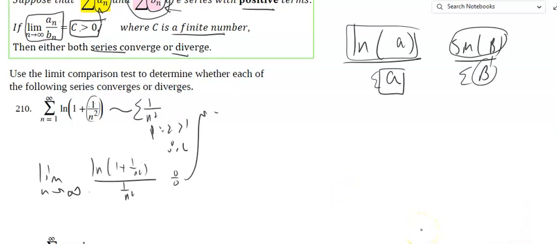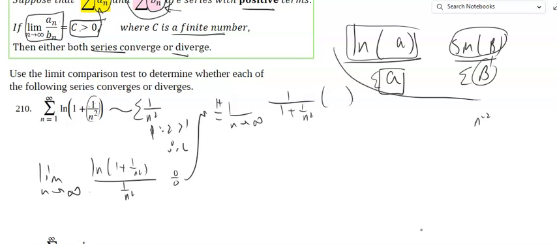Now, I'm going to use L'Hopital on this. That's the limit as n approaches infinity. Derivative of this is 1 over 1 plus 1 over n squared times the derivative of n to the negative 2, which is negative 2n to the negative 3, negative 2 over n cubed. And you notice these cancel out every time. Same thing happened with those.